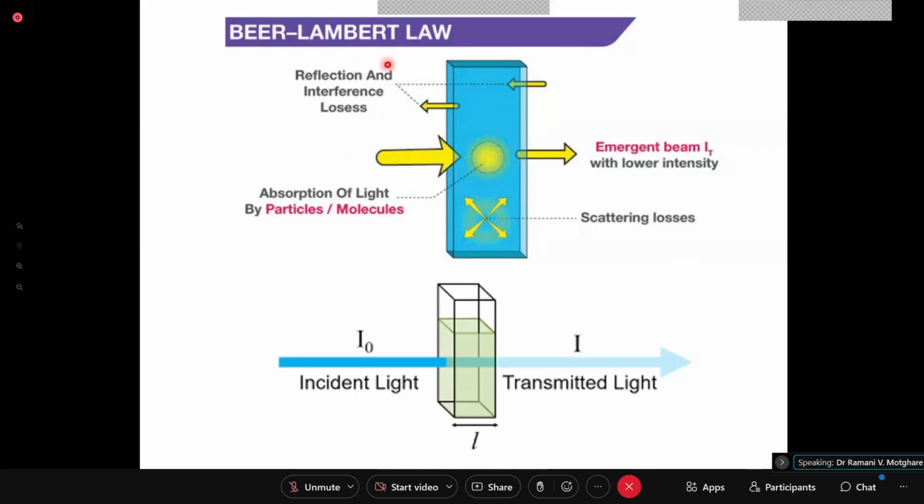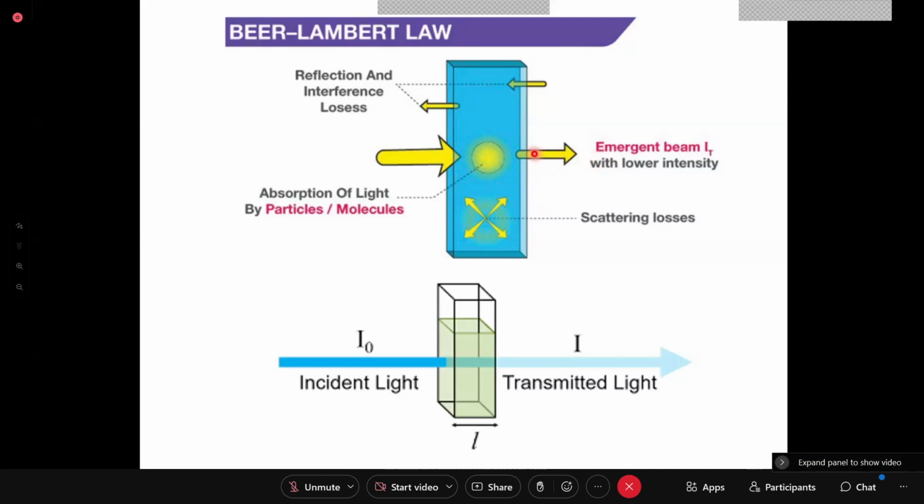According to Beer-Lambert's law, the intensity of light incident on the solution, as well as the concentration of the absorbing medium, will decide the quantity of light absorbed. If some light is absorbed, the beam coming out of it, termed the transmitted light, will be lesser.